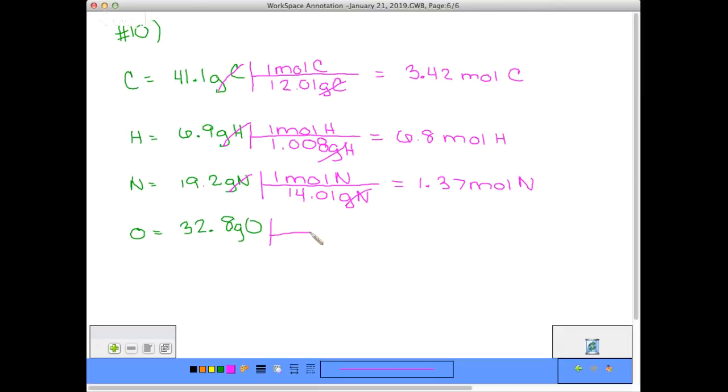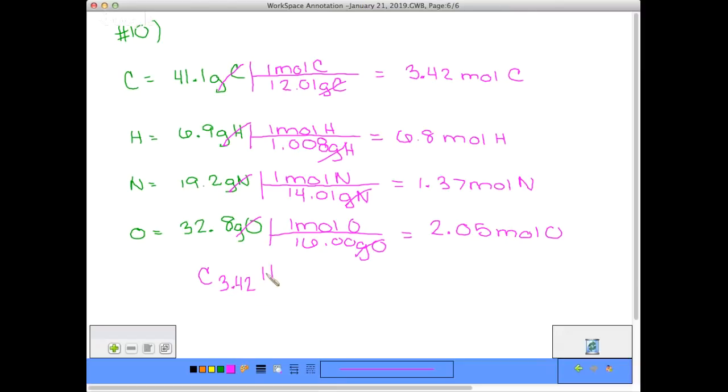And then for oxygen, I have 1 mole of oxygen, and each mole of oxygen weighs 16.00 grams. And this ends up being 2.05 moles of oxygen.